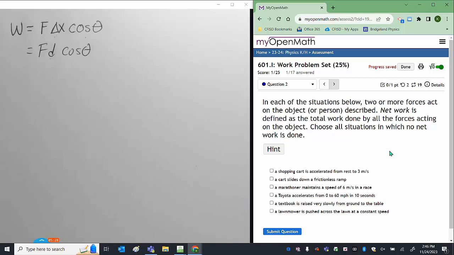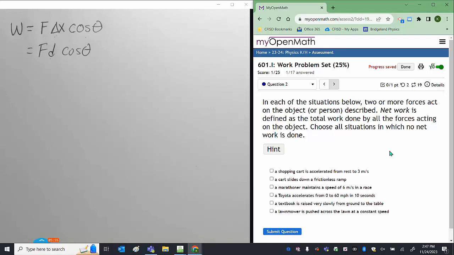But because it's talking about net work, you could also have one person or object pushing in one direction and another pushing in the opposite direction, canceling each other out. So if you have a net force of 0, then of course that would also be a situation where you have no net work.